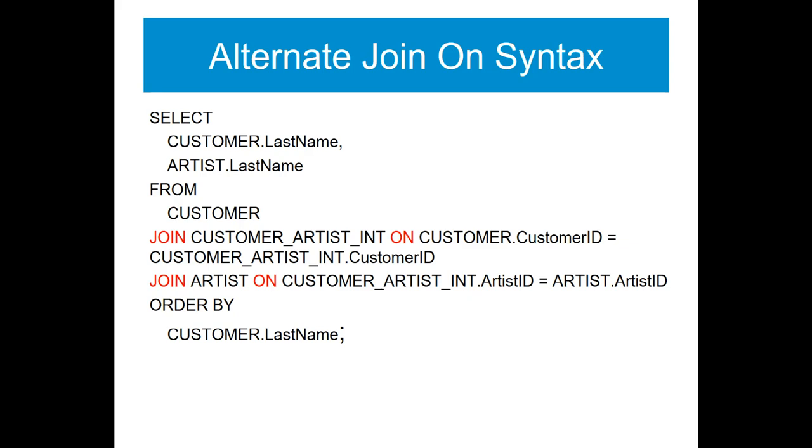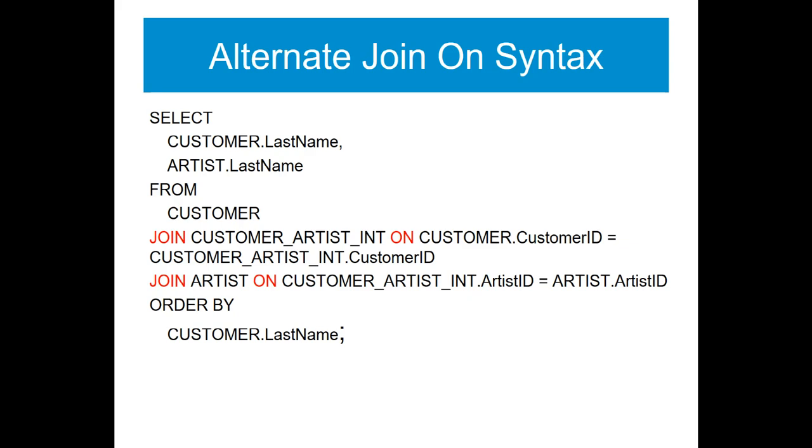Now I've got another join. Why is that? I noted originally that we had to get three tables, three entities to line up to get what we wanted: the customer, the intersection table, and the artist table. And when I've got three tables, I'm going to need two joins. So I've got the join that's between the customer and the intersection table.